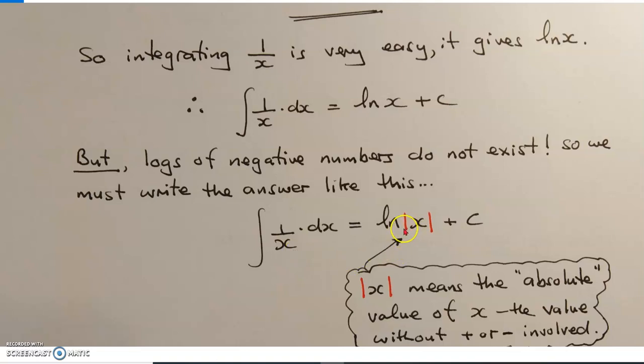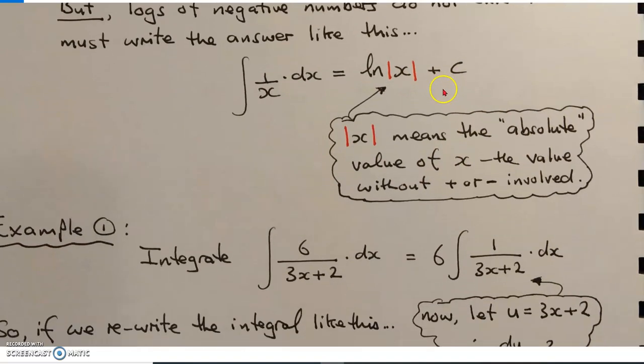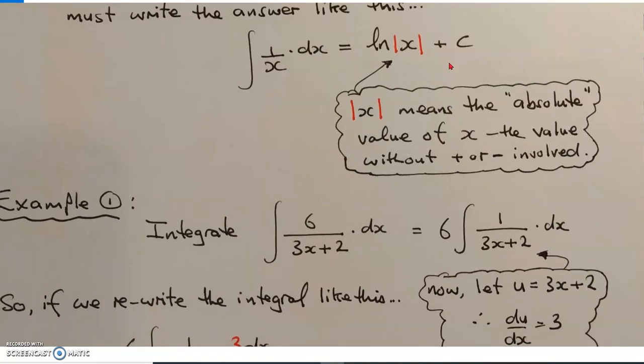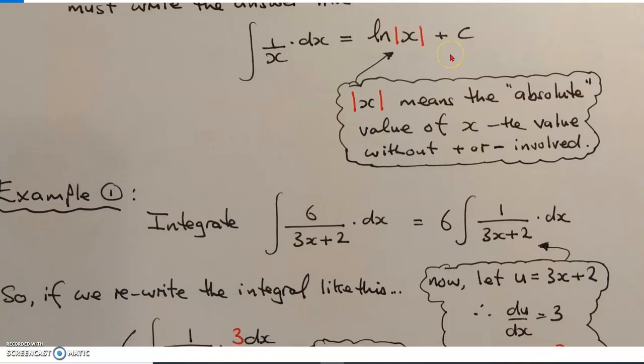And we do that by writing these two vertical lines either side of the x. They really mean the absolute value of x. In other words, the absolute value means just the value without a positive or negative sign. Okay, so just remember that. That's a very important little step.